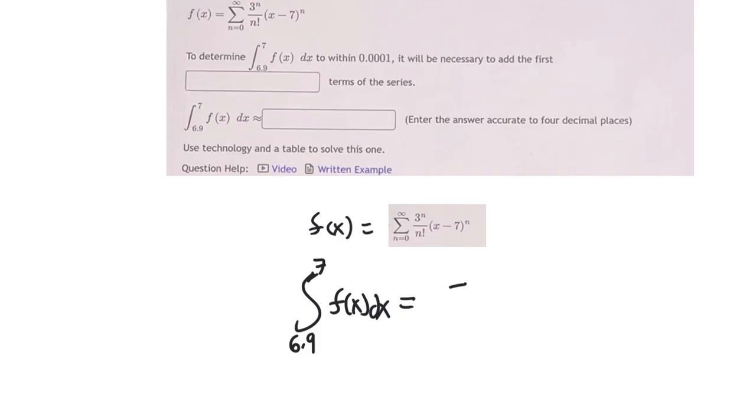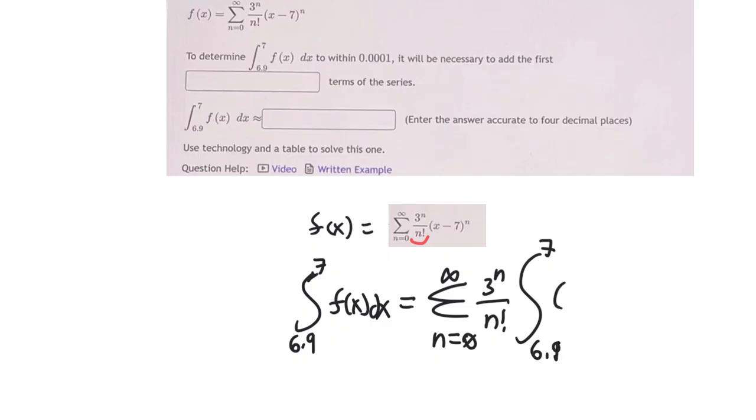that's going to be like this, right? You could take this part out, right? So you have the 3 to the n all over n factorial, and it's going to be the integral of this. So we have that.